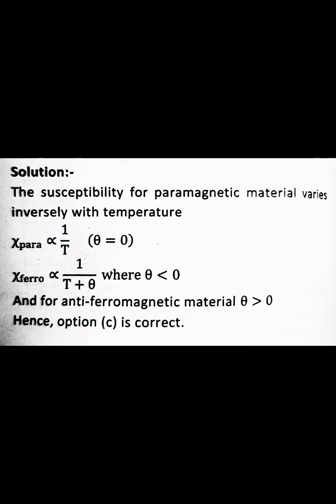For a paramagnetic material, the susceptibility chi is proportional to 1 by T and here theta is equal to 0. And for a ferromagnetic, chi is proportional to 1 by (T plus theta), where theta is less than 0. And for antiferromagnetic material, theta is greater than 0. So the answer is option C.